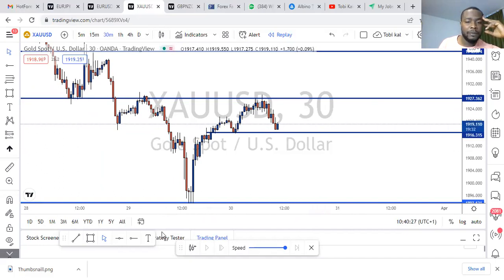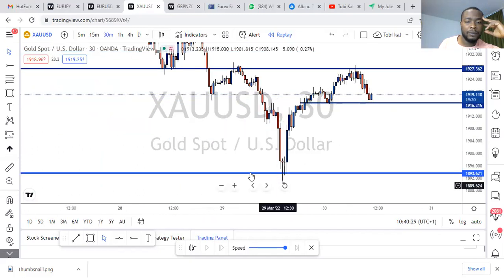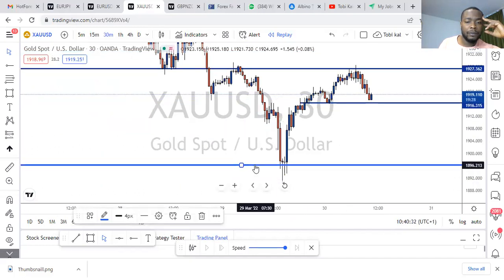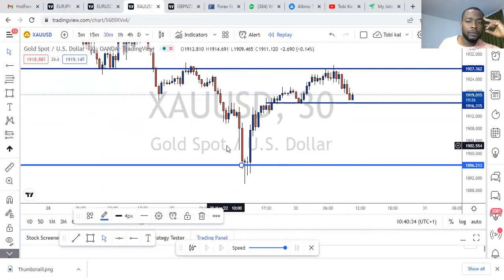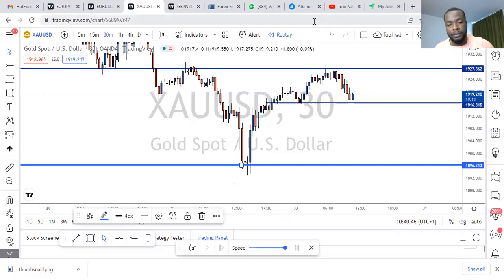Anybody? If you're buying at the support level, where would your stop loss be?